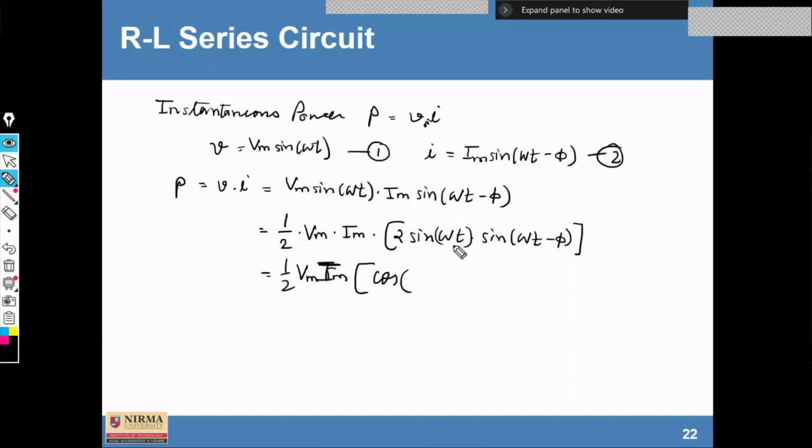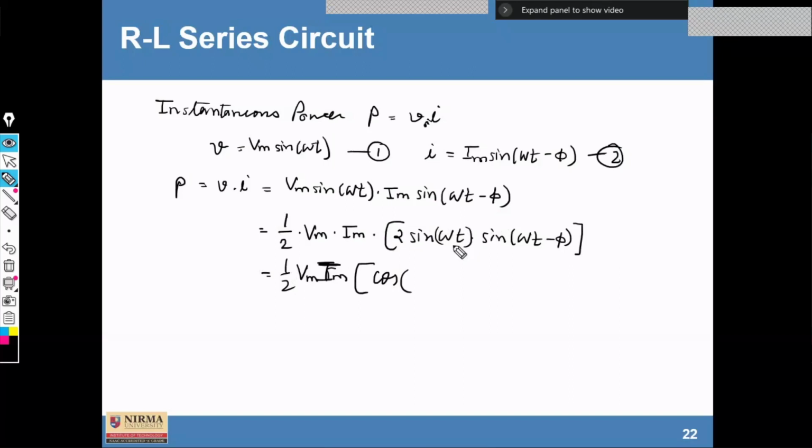Clear? If we solve this bracket, we can write 1/2 Vm Im cos phi minus 1/2 Vm Im cos(2 omega t minus phi). The first is the constant term, and we can say it is the real part of the circuit.